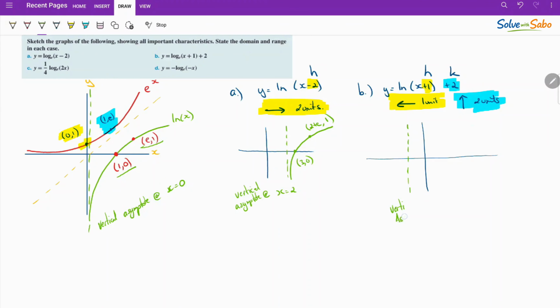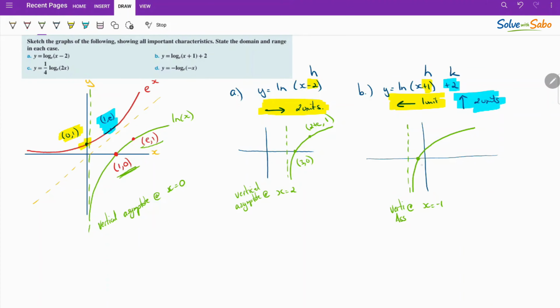Vertical asymptote at x equals -1. Now I'm still going to have to put in some points, so I'm just going to draw this first, and then we're going to work out where they are. Now, two things are happening. Let's think about where our x-intercept was before. It was normally at 1 and 0.